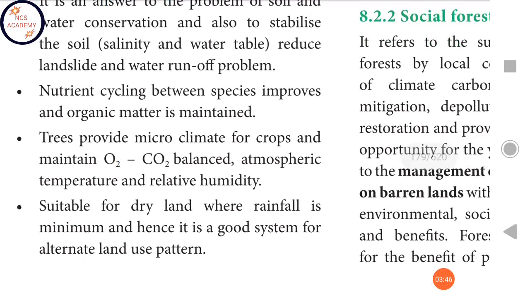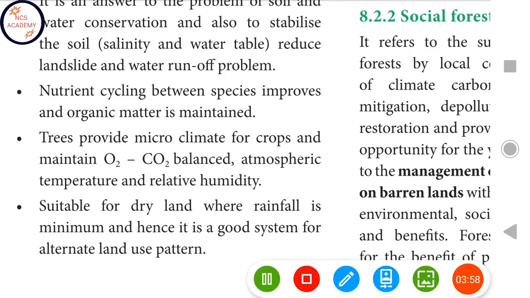Likewise, it is suitable for dry land where the rainfall is minimum, and hence it is a good system for alternate land use pattern. These are some important climatic factors maintained by the forest.